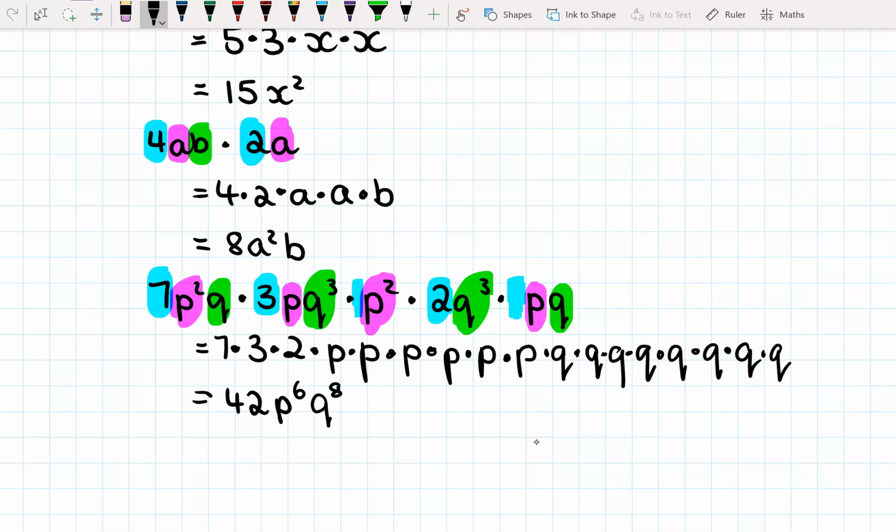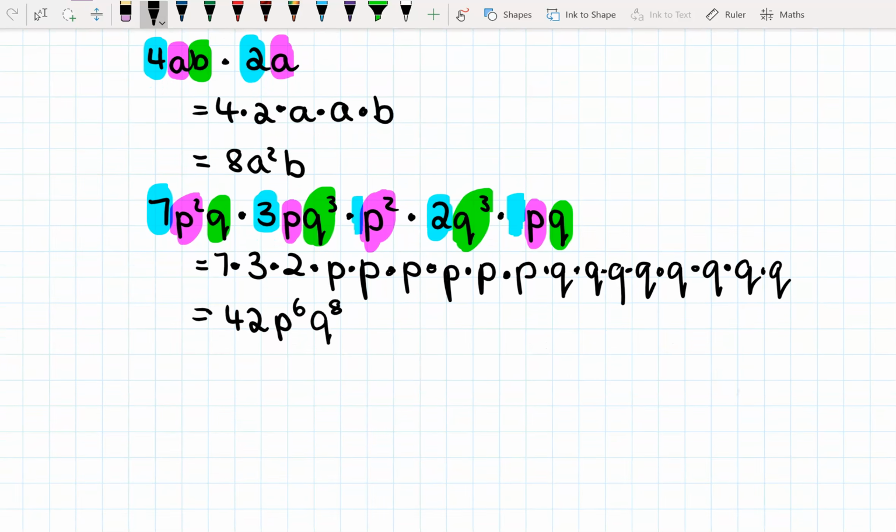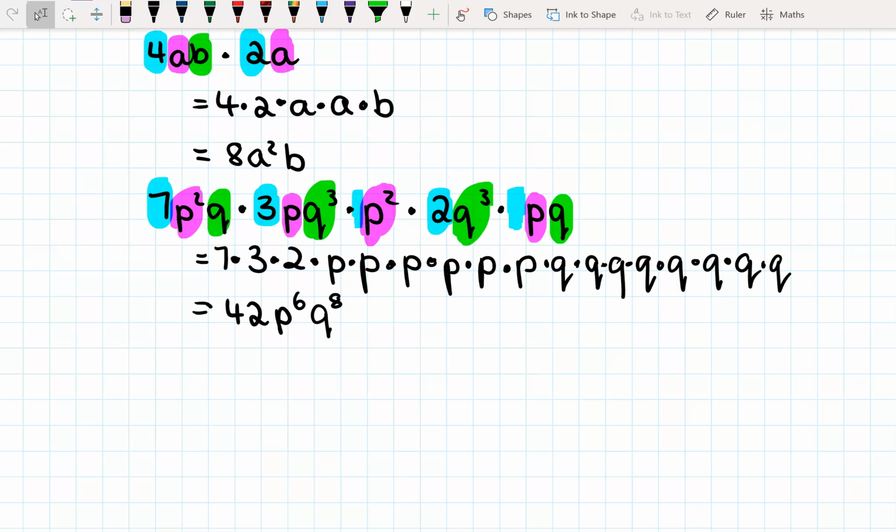We have 42, that's all the numbers multiplied together, p to the power of 6, q to the power of 8. Now one final thing that we find really important here that a lot of people make mistakes with is you can see here that we're changing the index. Our p's started off as p squared, etc., and then it changed to a 6 in the end.